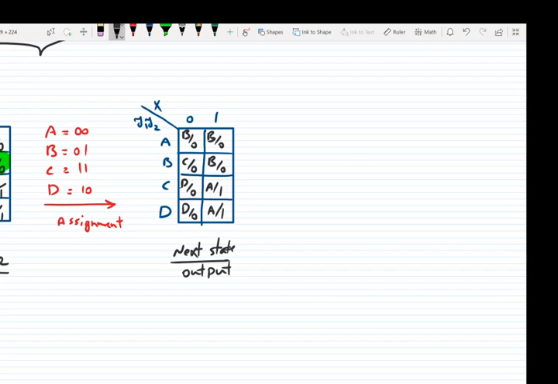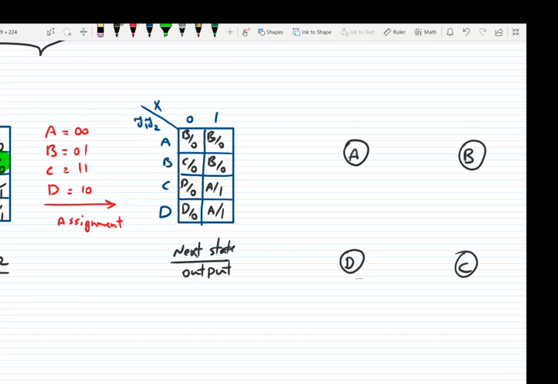Because we have four states, let's have four circles: A, B, C, D. No matter if you change the order of A, B, C, D, you can put B here, C here, the answer is the same. So we complete this diagram based on the table.